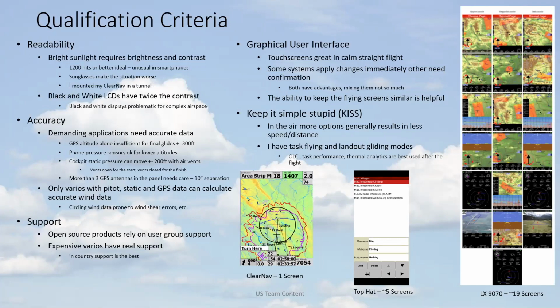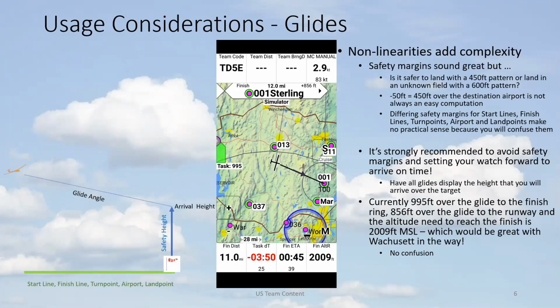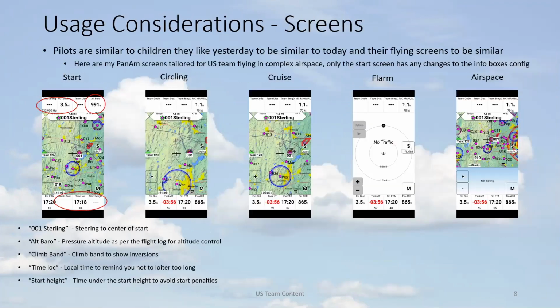What I've found is that when I'm flying, I like things to be really, really simple. So I don't tend to do the LX nav 19 screens, although I could do something similar to that in the top hat. What I tend to do is these consolidated screens, and with the exception of the start screen, I tend to have all the buttons the same on all of them.